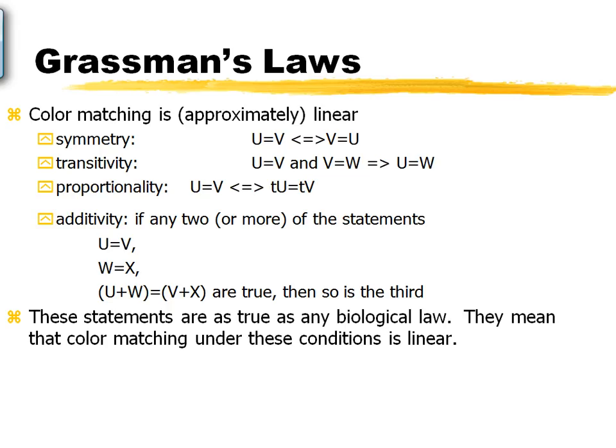Furthermore, if I apply an equal scale to all my primaries and an equal scale to my matching light source, then everything should match. So scale variations across all of them should not matter, and so on and so forth. These are all basic Grassmann laws, or linear laws, that apply.